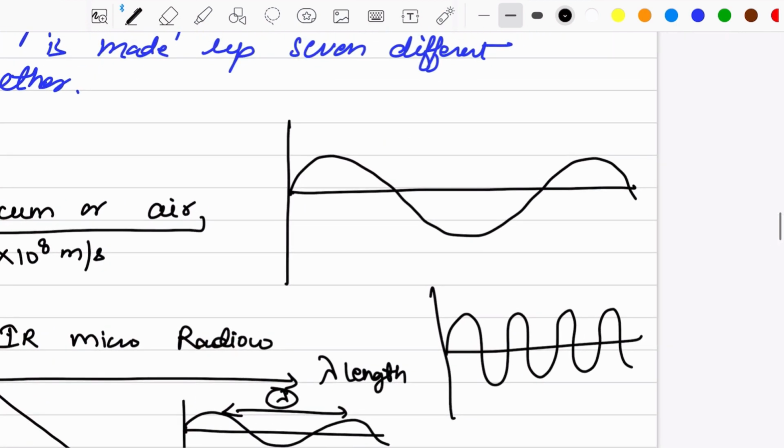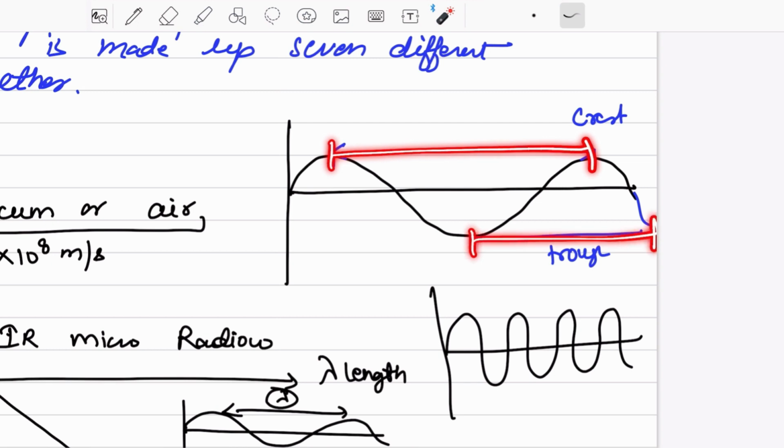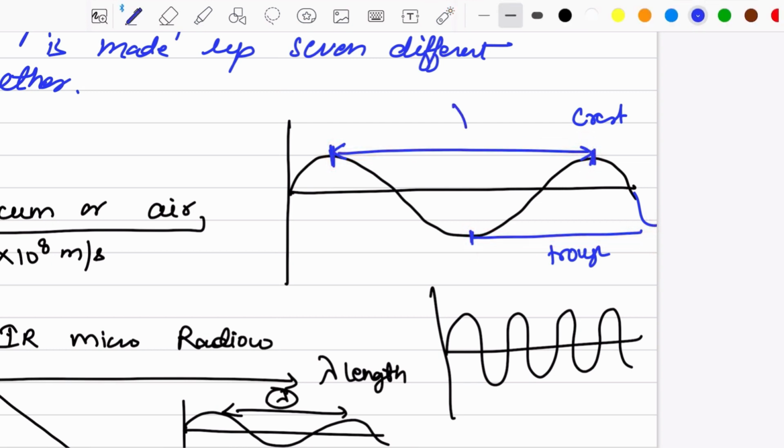The distance between 2 consecutive peaks, and these peaks are known as crests. The bottom ones are known as troughs.